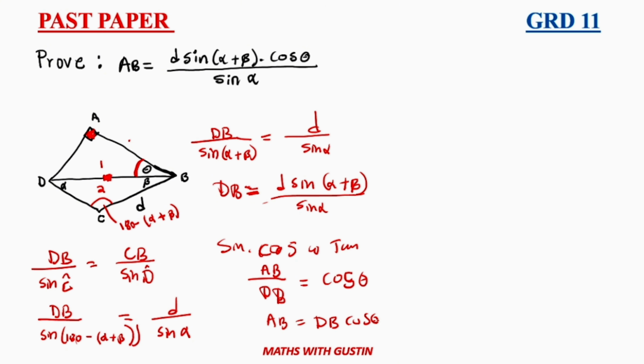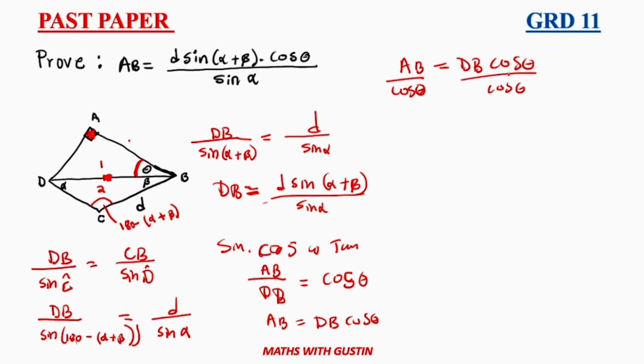I can make DB the subject of the formula: AB is equal to DB cos theta. In this case, one of my learners said to me, if you were to make DB the subject of the formula, you divide by cos theta, divide by cos theta.